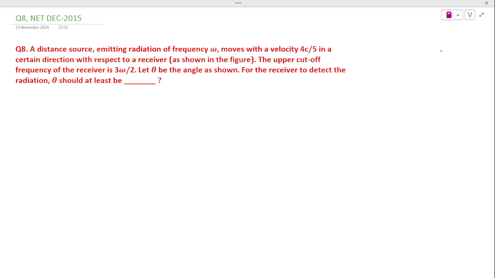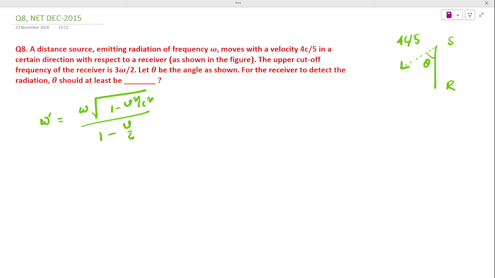So basically, this is our source, this is our receiver, and here the direction has the value 4c by 5, and this angle is theta. So here we apply the relativistic Doppler effect for frequency. You will find it in your theory section. Here we write omega dashed in terms of omega: omega root over 1 minus v square by c square, divided by 1 minus v by c cos theta.